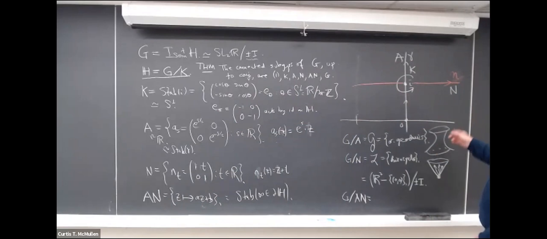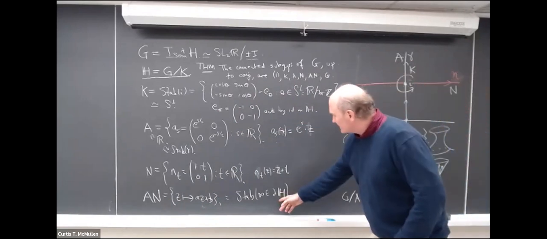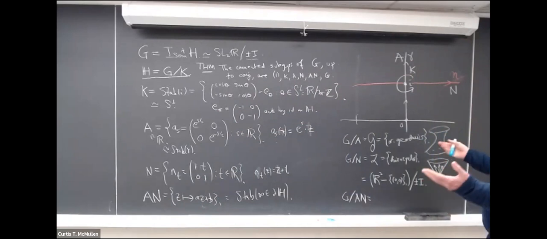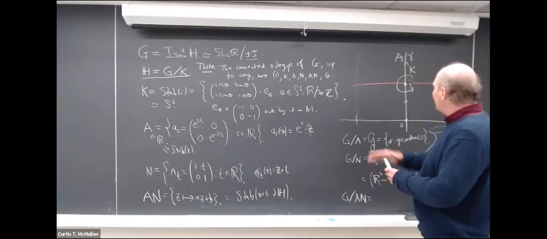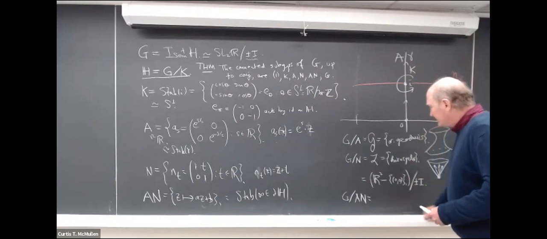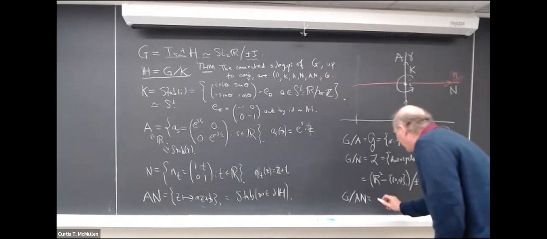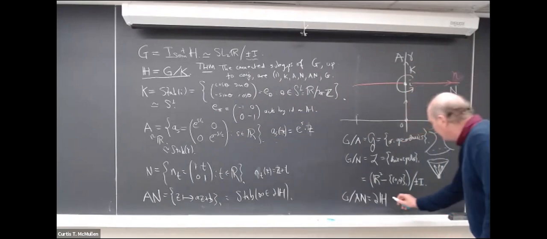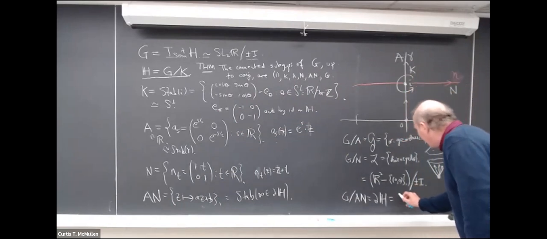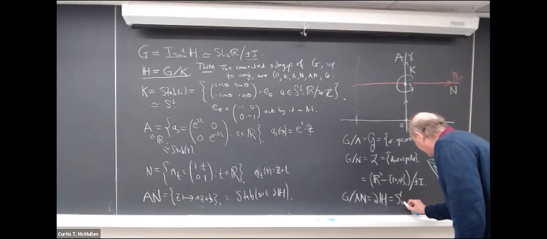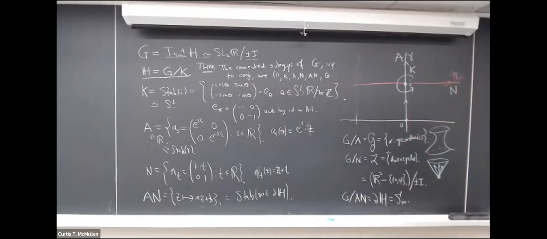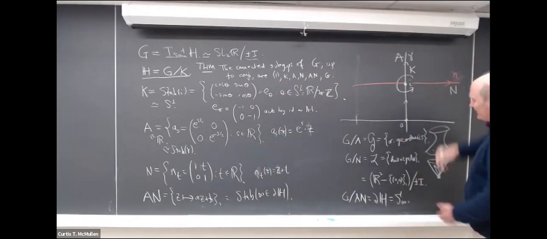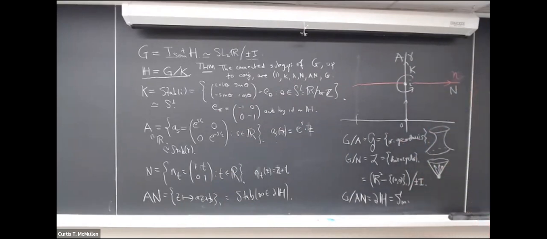And what is it? Well, this is the stabilizer of a point on the boundary of hyperbolic space. And again, G acts transitively on the boundary of the upper half plane. And so G mod AN can be identified with the boundary of hyperbolic space, which is sometimes written as S1 infinity because it is topologically a circle, and also it's at infinite distance from any point in hyperbolic space.